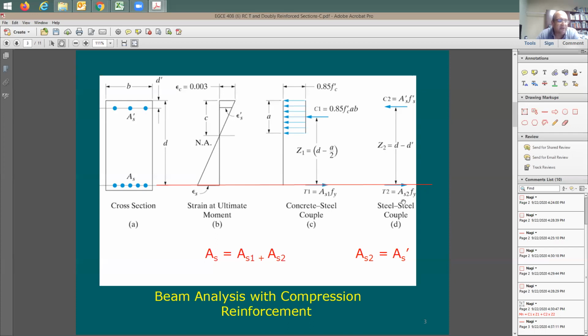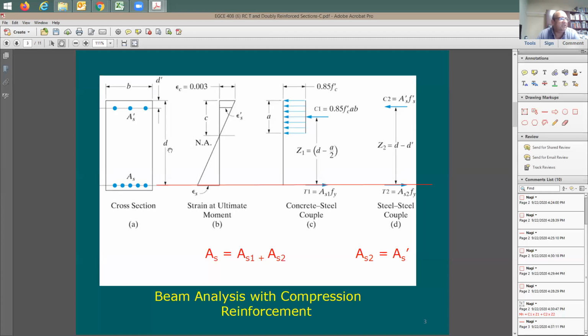My first assumption to come up with this AS1 and AS2 is that the steel in the top here is also yielding. If the steel is yielding here, and this C2 is going to be equal to T2, and it's going to be equal to AS prime times Fy, it means that AS2 is going to be equal to AS prime. So this is one way of thinking about how to split the force here into two forces, is to consider AS2 to be the same as this AS prime.